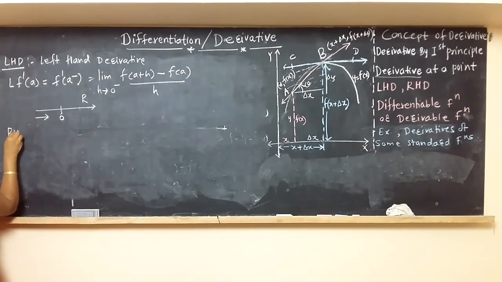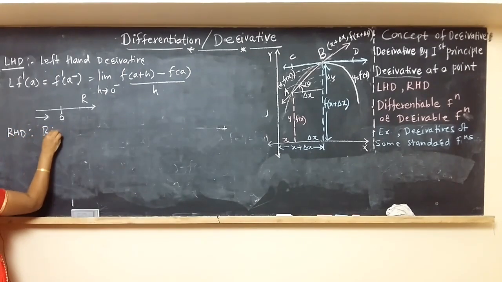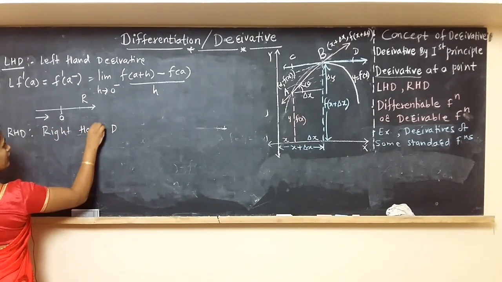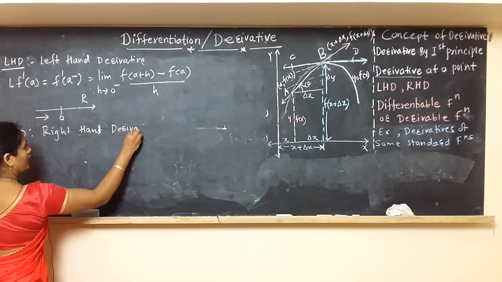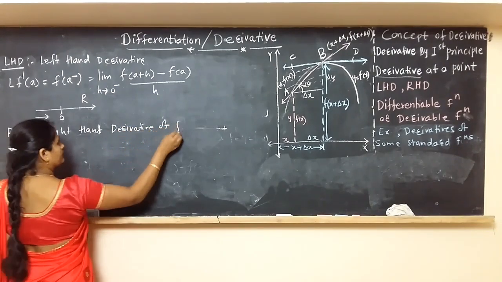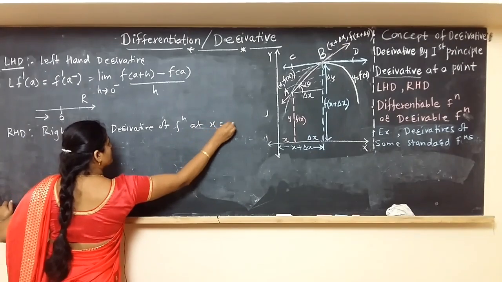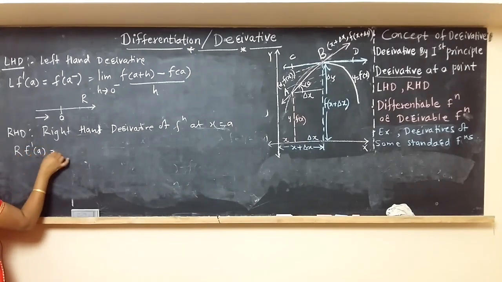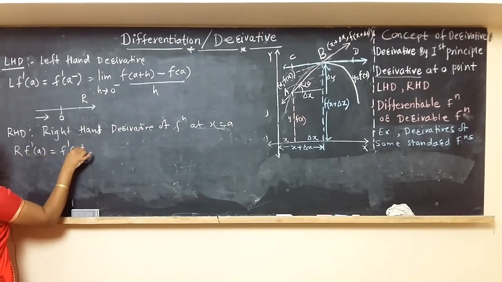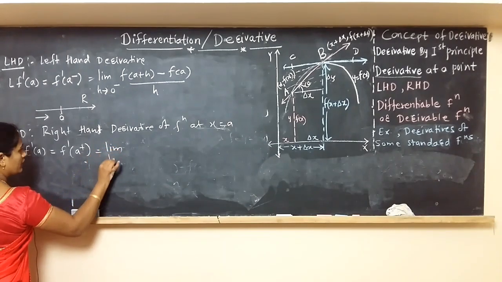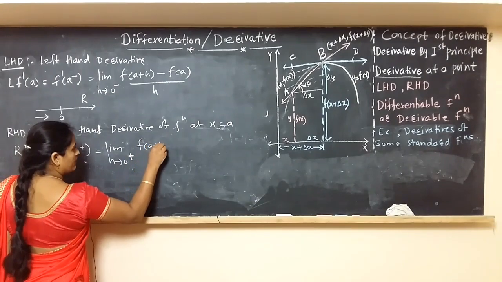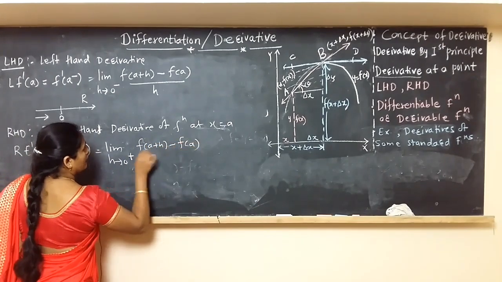Again, RHD, that is right hand derivative. Right hand derivative of a function at a point at x is equal to a. So its symbol is R f dash of a, or simply f dash of a plus, limit h tends to 0 plus of f of a plus h minus f of a upon h.